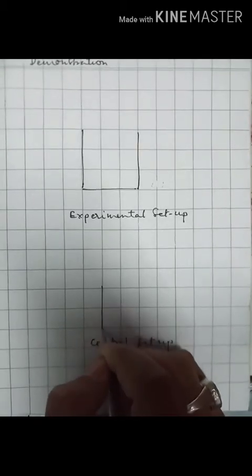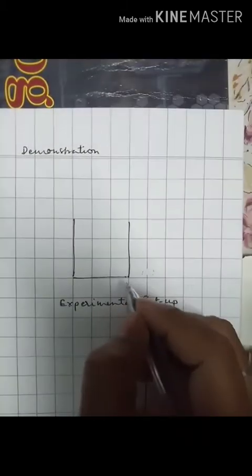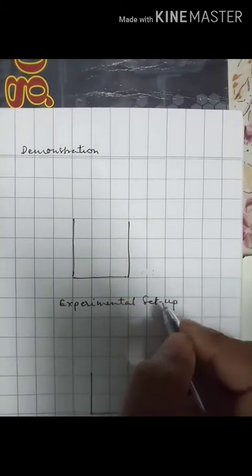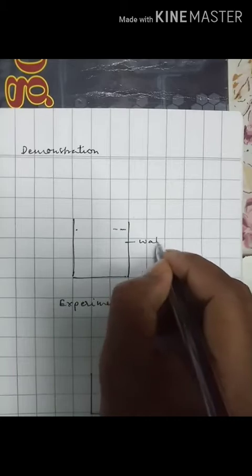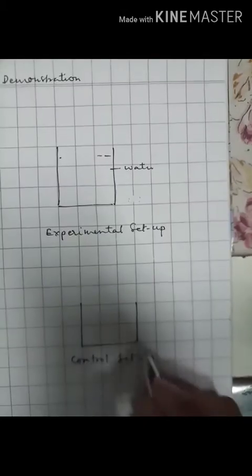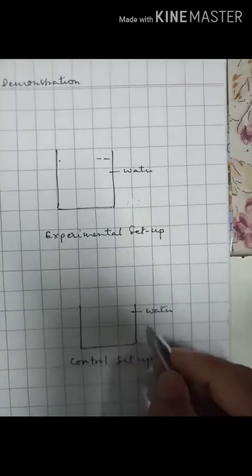In both, take two beakers. The beaker of the experimental setup will contain water. Here in the control setup it also contains water.